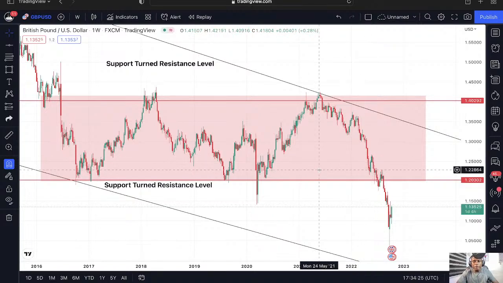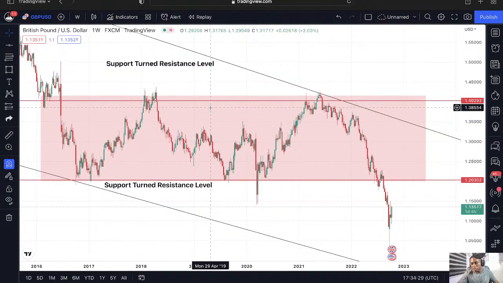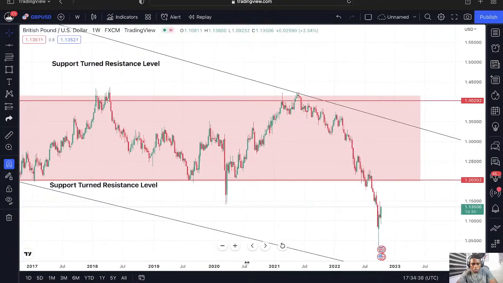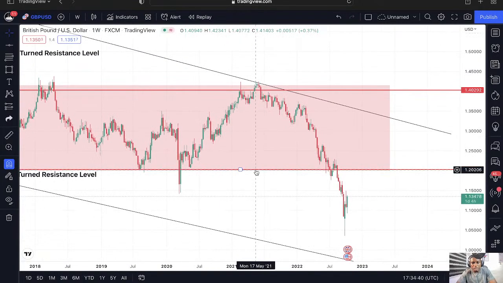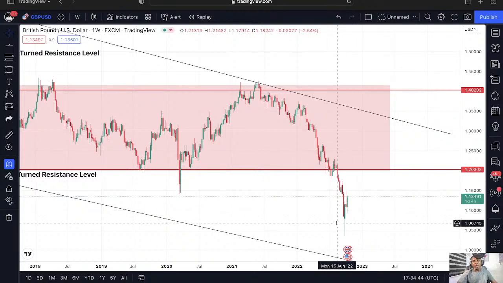So now here we've been able to map out this level, support turned resistance. And now let's zoom out. Now you see what price did there. There was a breakout out of this level, and currently price is at this level.